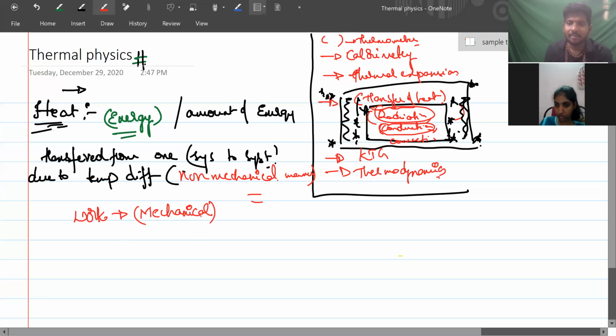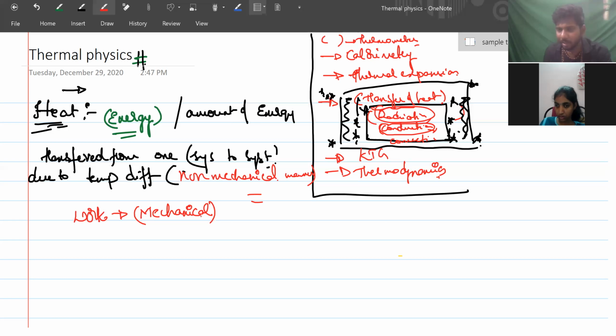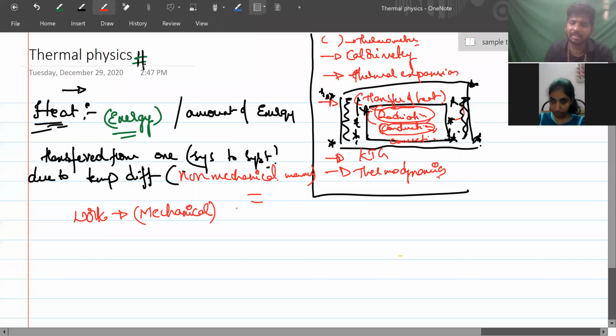Or when you take a block from the ground and keep it on the table, you're using your hand. So these are all mechanical work done. If you throw a ball, again you're transferring energy. That is mechanical work. So mechanical transfer of energy is work done.